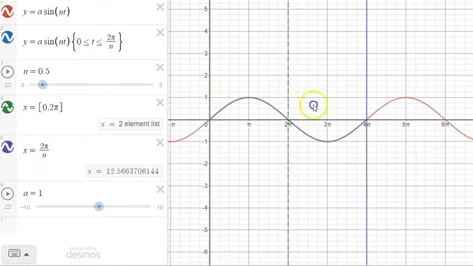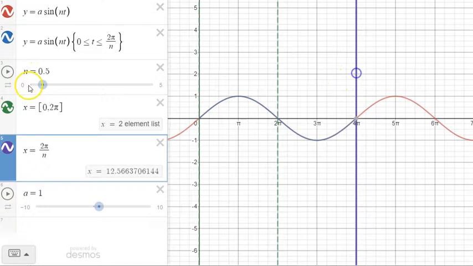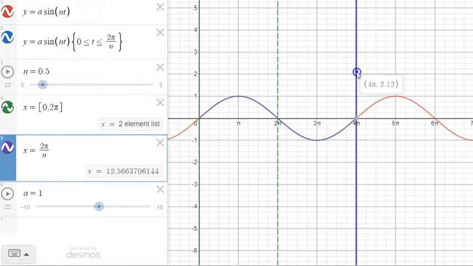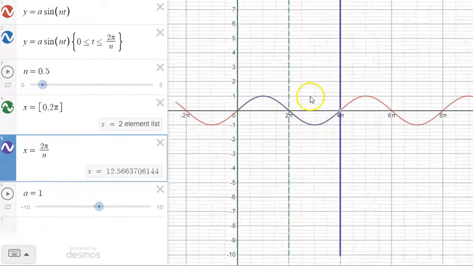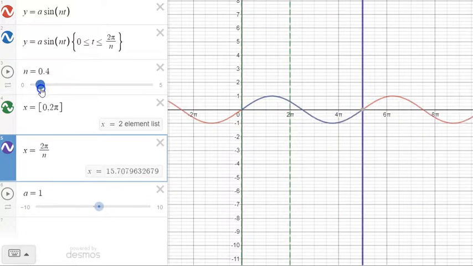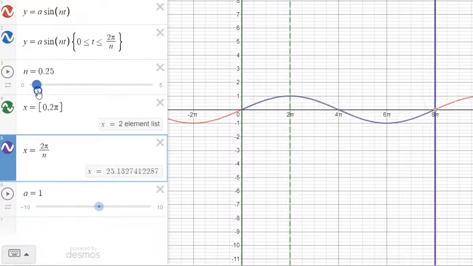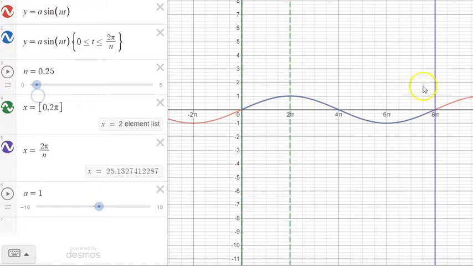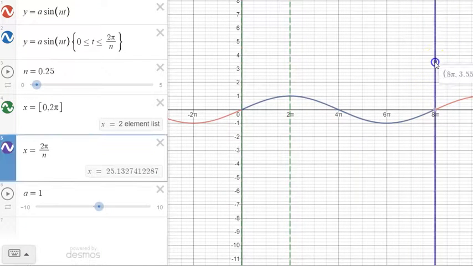Zooming out, halving n so n equals 0.5, we're going to get a period of 4 pi. If we decrease it again to 0.25, we're going to get a period of 8 pi.